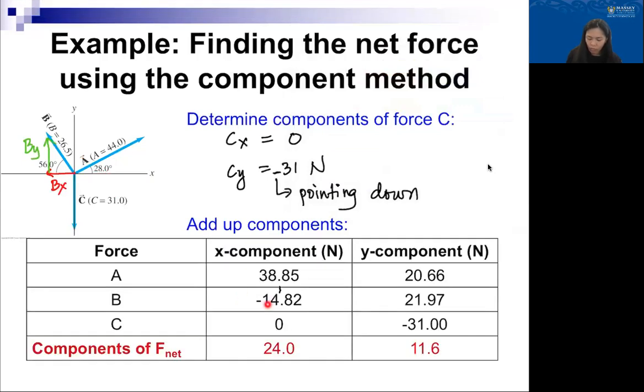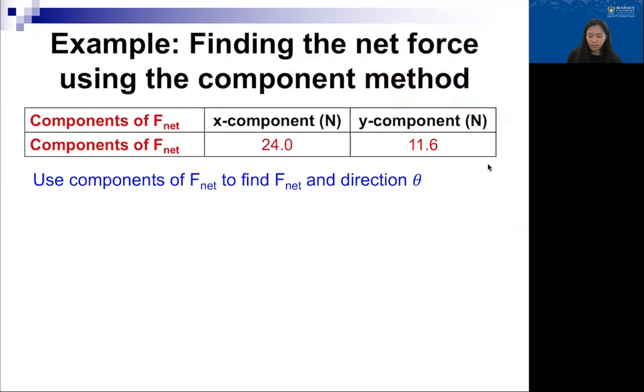Notice how the x component is negative, because vector B is pointing to the left. And for your vector C, you only have a negative y component. And then add them all up to get the net force along x and along y.